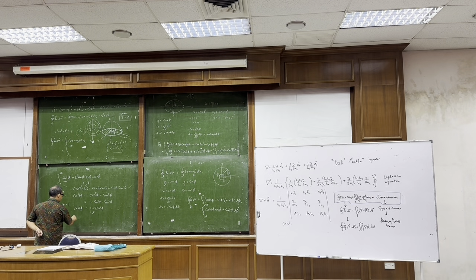So we can say that sin square phi is equal to 1 minus cos 2 phi, divided by 2. So this is manageable to integrate. Okay? Because sin square phi is 1 minus cos 2 phi over 2.